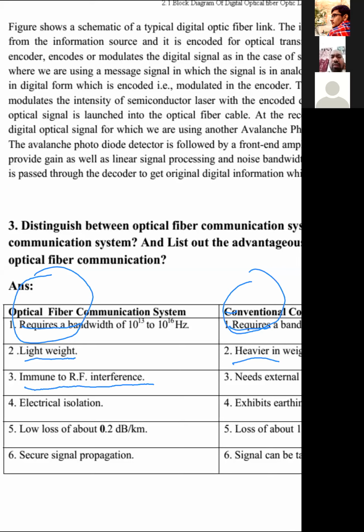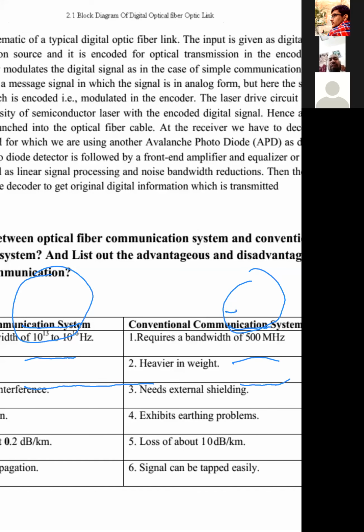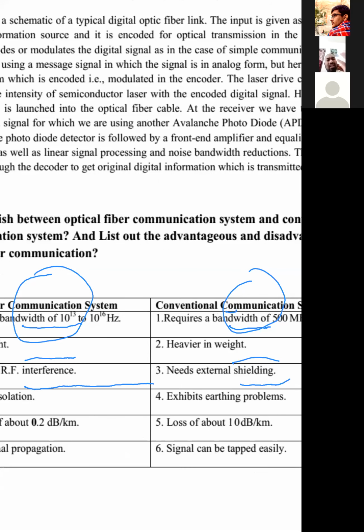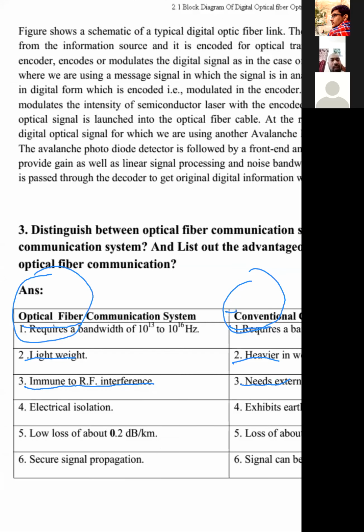Here you require external circuitry. You require external circuitry in conventional communication systems. Now, due to external circuitry in a conventional system, earthing problems will take place. Earthing problem means short circuit problems. Now, it's not such in the case of optical fiber communication system. It is electrically isolated.